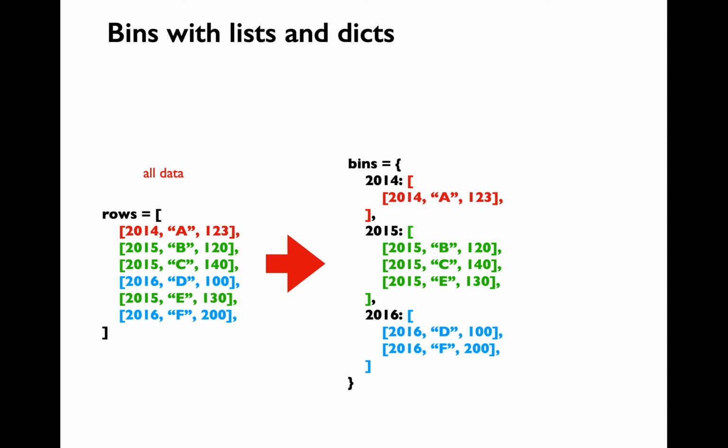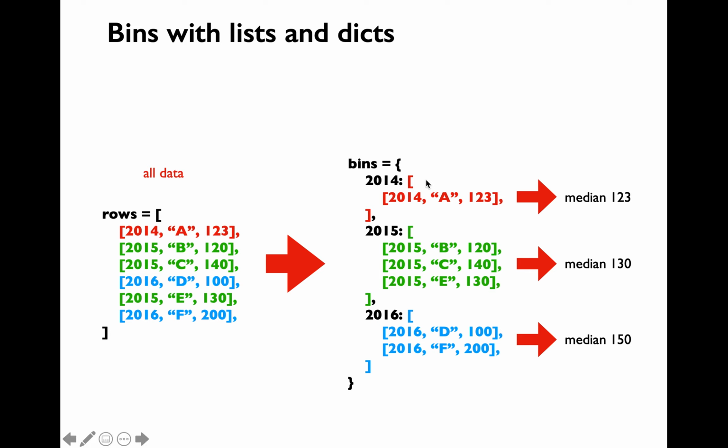Once you move the data from the original list of list data structure into this dictionary of list data structure, you can imagine using this data structure to answer specific questions about each of the buckets. Let's say that I'm interested in computing the median of tornado speed for every year within my data set.